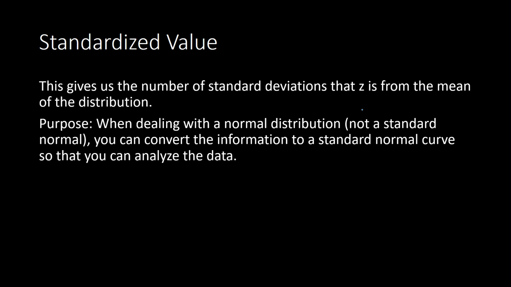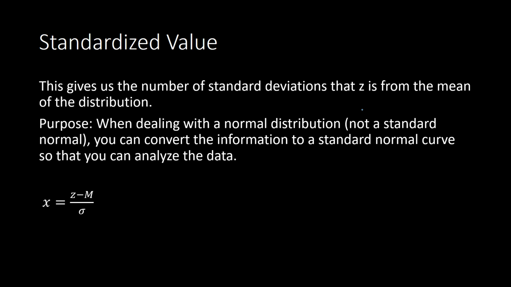And what it's useful for is converting information into a normal or a standard normal distribution. So we're converting from a normal distribution into a standard normal. So for example, heights or grades or the pay of someone, we can convert into a standard normal and then use the table to analyze.